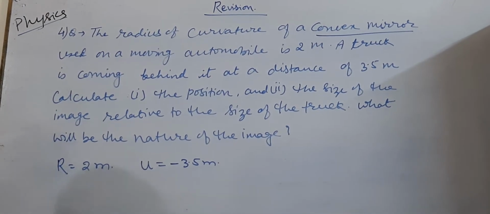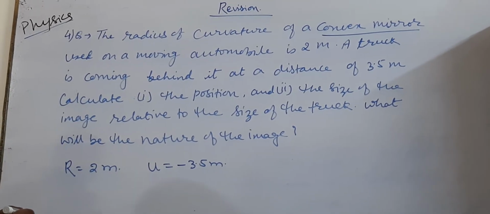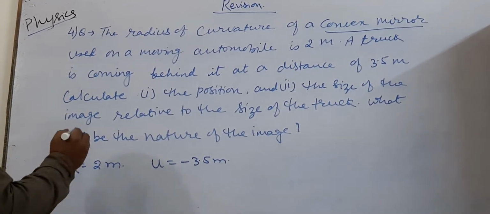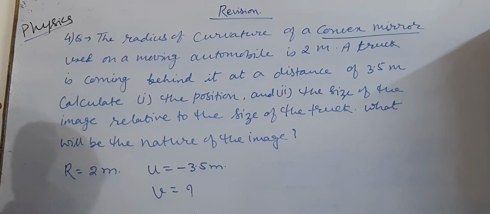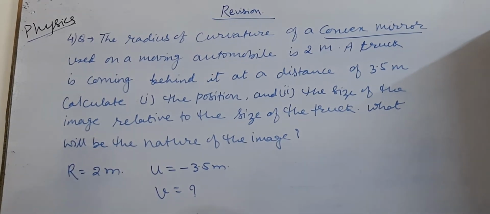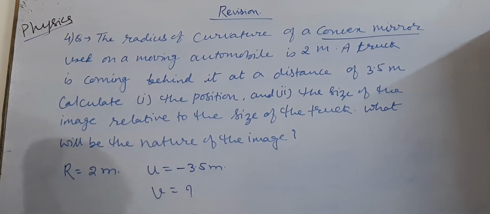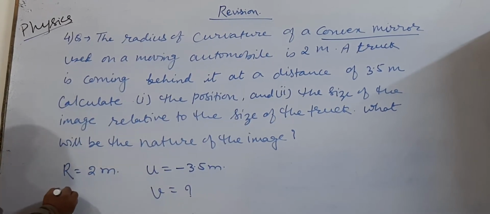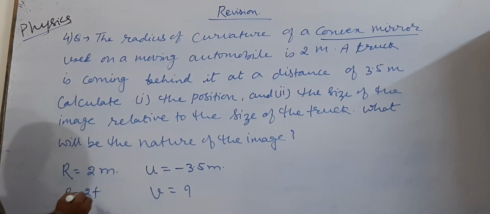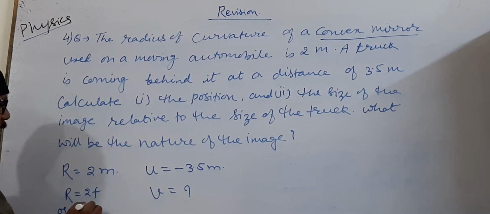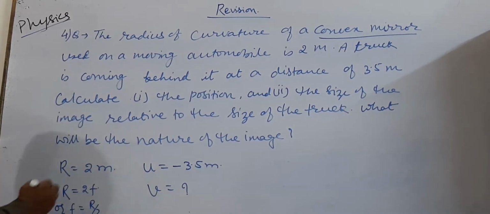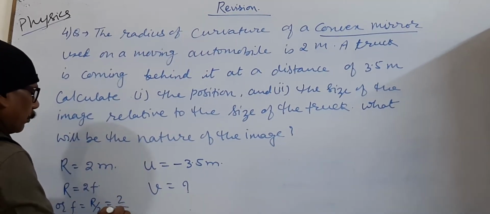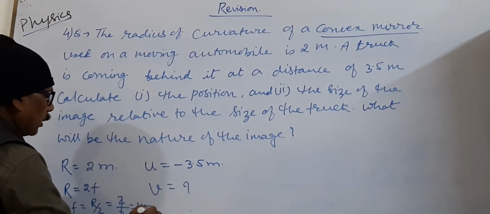Now position. Calculate the position and the size of the image. Related to the position, image distance V you have to find out. Now see here, the focal length is not given, but the radius of curvature is given. You know the formula R is twice the F, or F is equal to R by 2. So here the radius of curvature is 2 meter upon 2, it will be 1 meter.